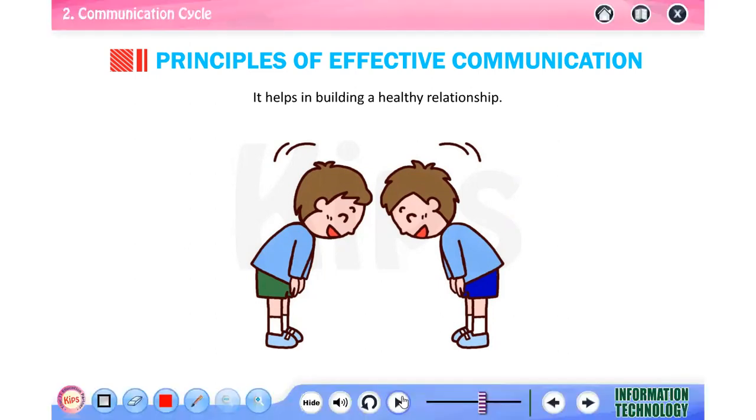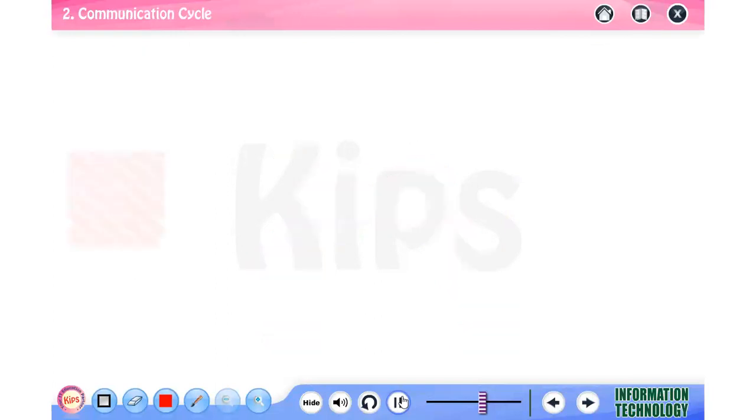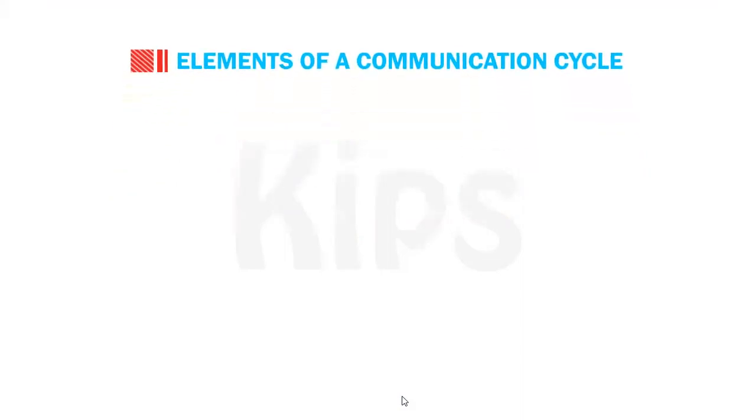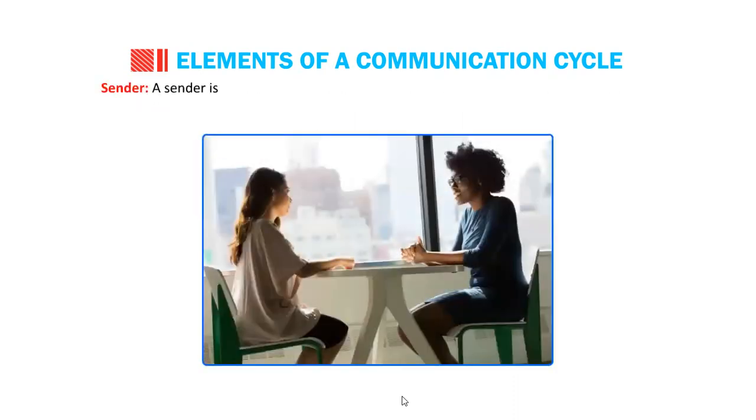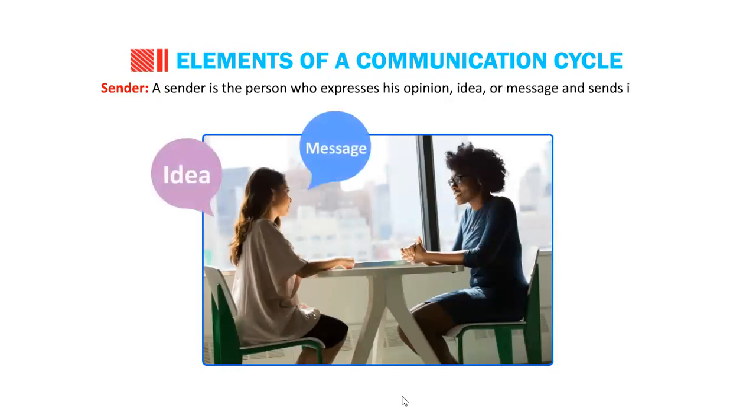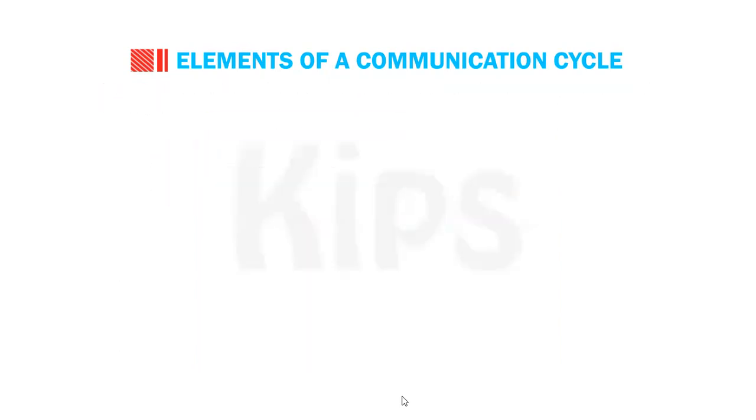Now we'll see elements of a communication cycle. Students, let us study the elements of a communication cycle. Before proceeding further, let us discuss the various elements of the communication cycle. Sender. A sender is the person who expresses his opinion, idea, or message and sends it to the receiver.